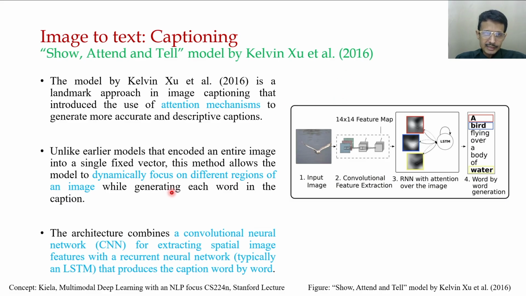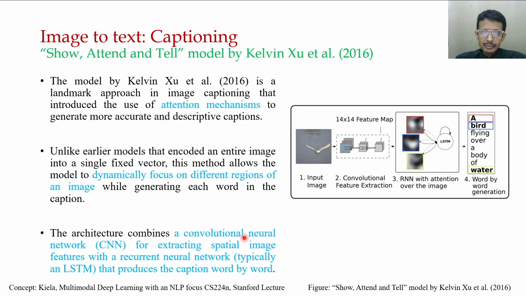So that's why it says, unlike earlier models that encoded the entire image into a single fixed vector, which is basically what existing models do, this method allows the model to dynamically focus on different regions of the image while generating each word in the caption.